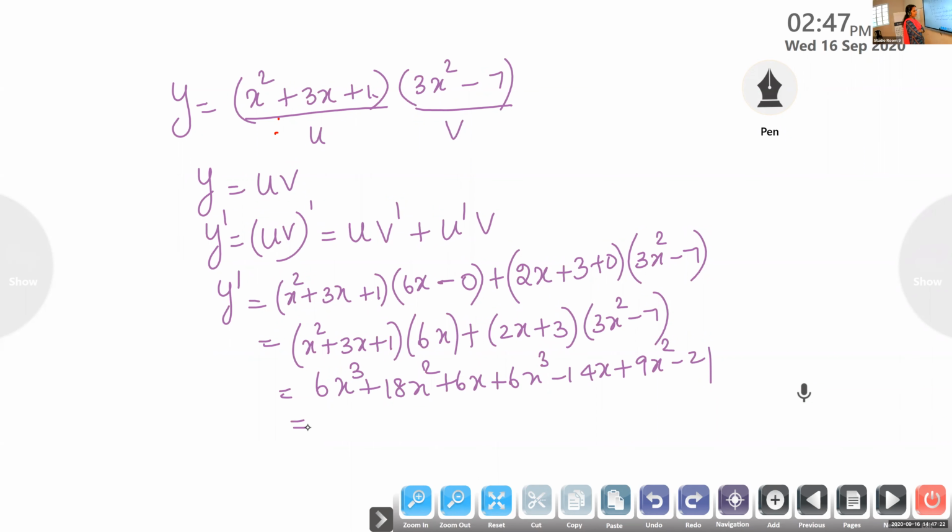So what is 6x cube plus 6x cube? Nandana, can you give the final answer? 12x cube, yes, plus 27x square minus 8x minus 21. Is it correct, Aditya Satyan? Yes, ma'am.